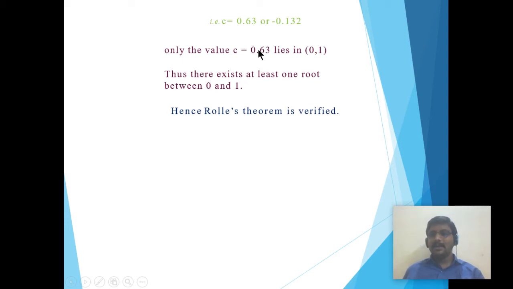But here only one c value lies in open interval 0 comma 1. So negative 0.132 does not lie in open interval 0 comma 1. Only one value lies in open interval 0 comma 1. Thus, there exists at least one root which lies in open interval 0 comma 1. Hence, the Rolle's theorem is clearly verified.